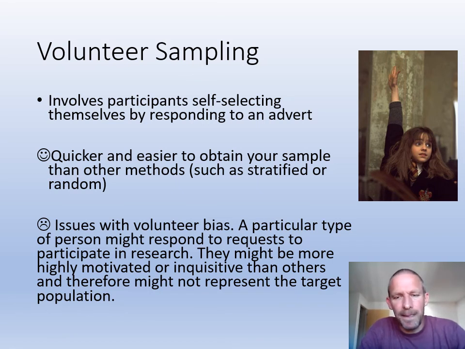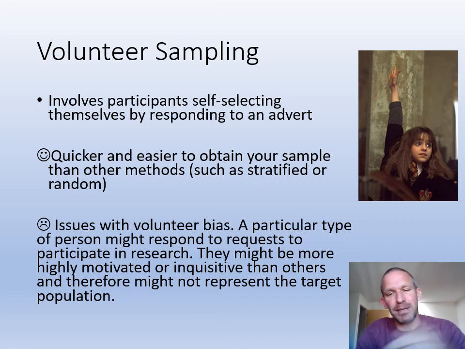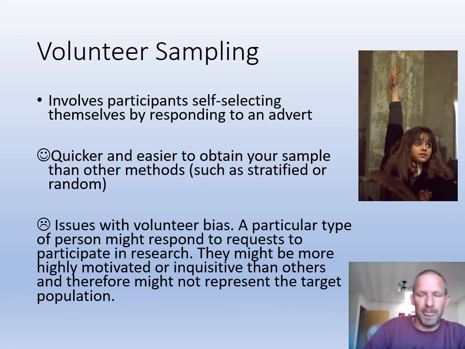No, they're not. Most of them couldn't give a stuff. Most of them are still in bed and really not that bothered. So you've ended up with a sample of people who are more motivated than the rest to take part in your research. So volunteer bias, that higher level of motivation, is an issue. That's where the Hermione, oh, pick me, kind of person could be wanting to take part.